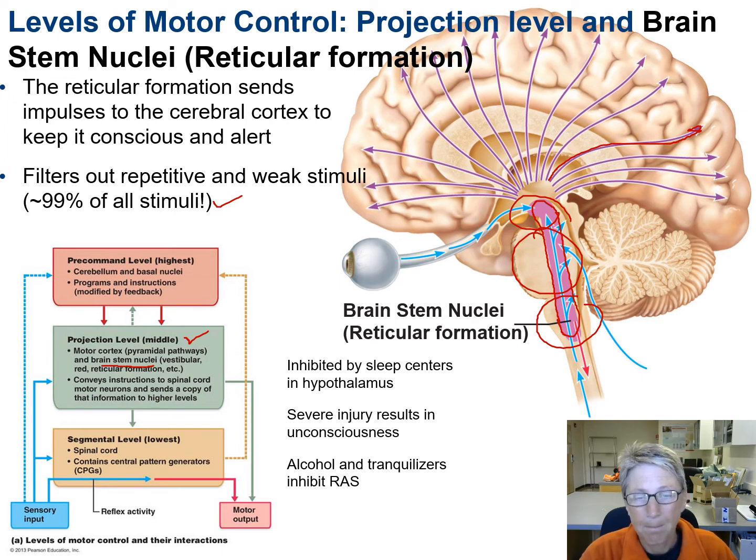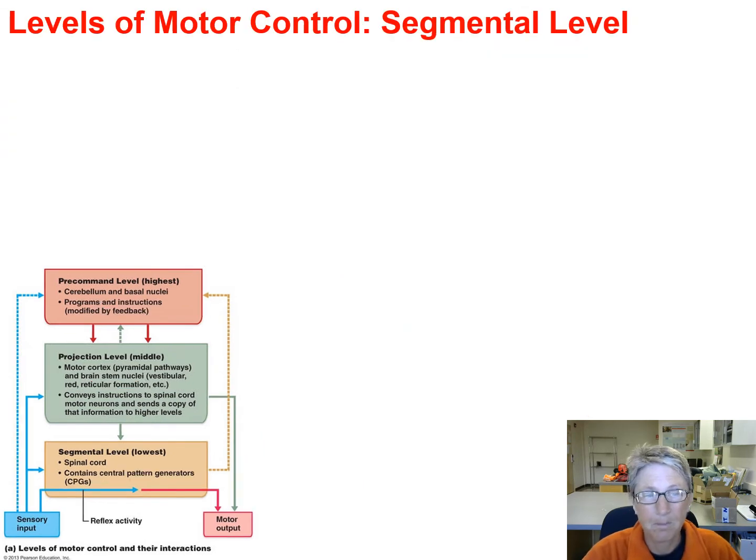If you have severe injury to the brainstem, that can result in unconsciousness. And then alcohol and tranquilizers inhibit the brainstem nuclei. It's also called the RAS, the reticular activating system.